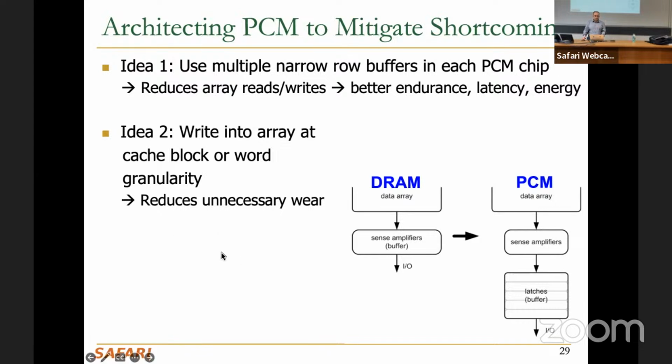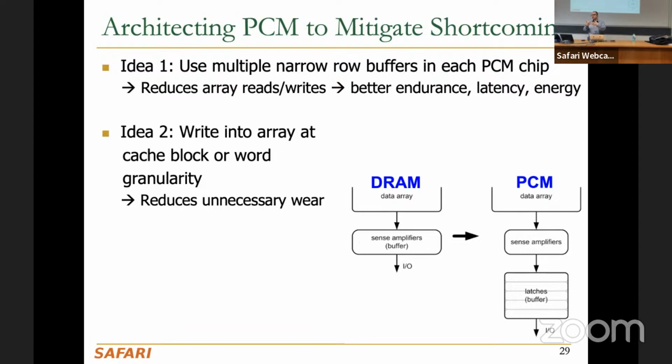There are some works that look into it even more aggressively and want to control individual bits. Samsung has done work in that. Whenever you want to write, you only write the bits that are different. You read what you have, you know what you want to write, and you only program those differences.